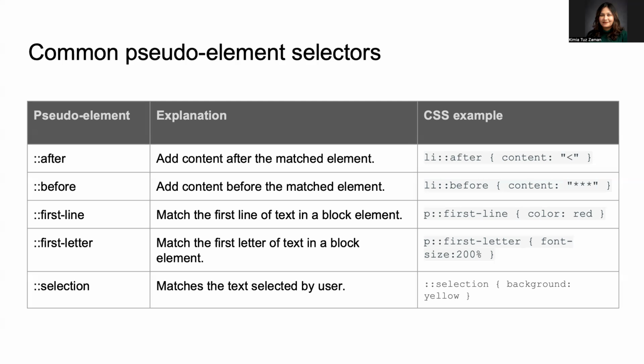For example, we see this in a newspaper. And finally, ::selection lets us style the text a user highlights. So if we use ::selection, the selected text will glow yellow instead of the default blue. So these pseudo-elements are really useful for fine-tuning text presentation or adding decorative effects without editing the actual HTML.